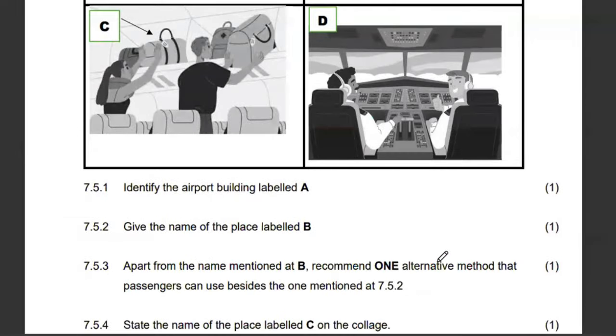You can actually do that online. Online checking in. So this is the correct answer for this one.